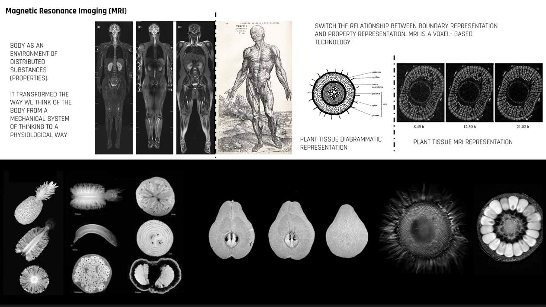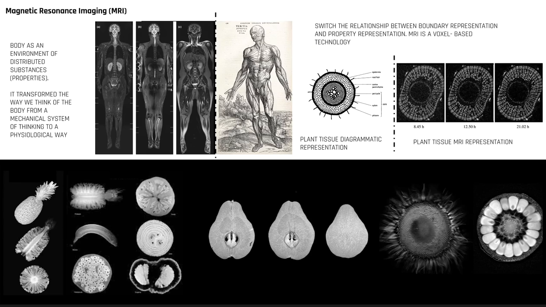So we can see the difference between the representation of the body as a mechanism, with different parts that get connected with joints, and another example of understanding the body as a continuous layer of changing substances.